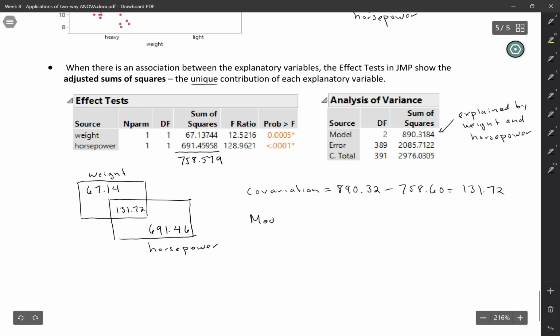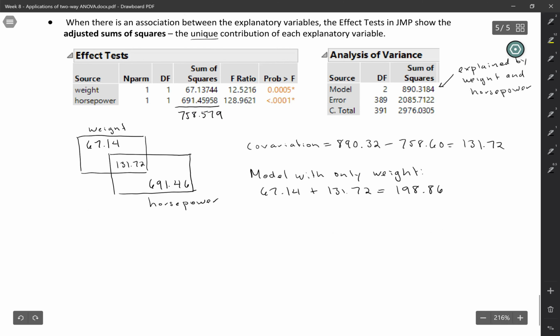So if you were to fit a one-way ANOVA, a model with only weight, that model would have the unique part for weight, 67.14, but it would also have the covariation, 131.72. So the total variability explained by that model would be 198.86.